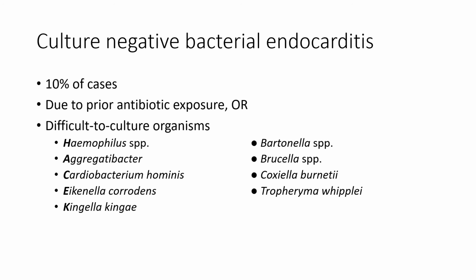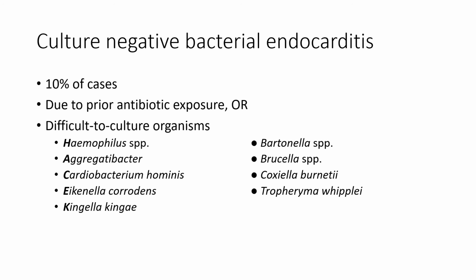The so-called HACEK organisms, which are Haemophilus, Aggregatibacter, Cardiobacterium, Eikenella, and Kingella, are traditionally the ones that people will ask you questions about on rounds. These organisms traditionally have been difficult to culture. That said, with more advanced culture mechanisms, we often do grow them these days.